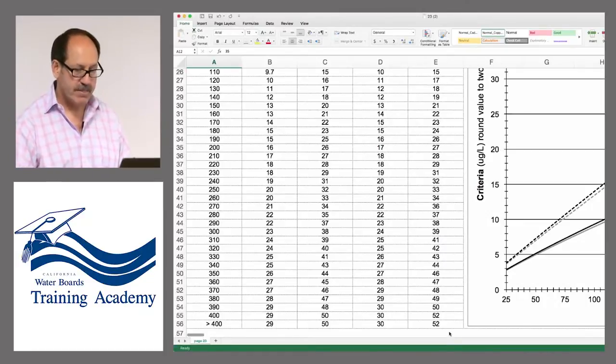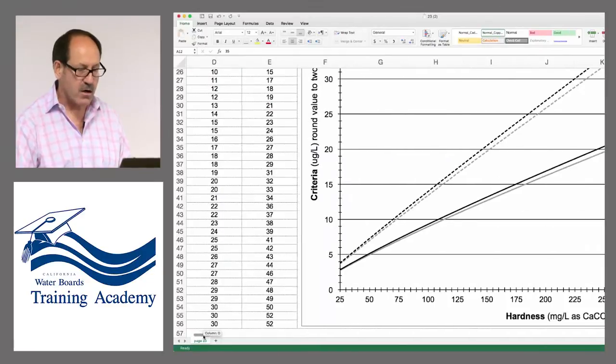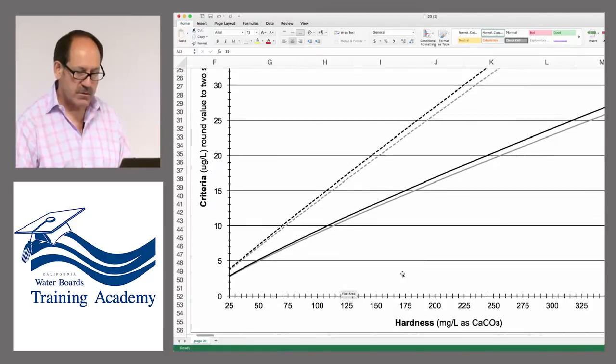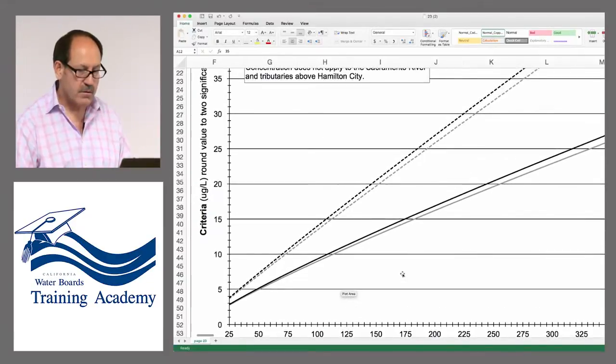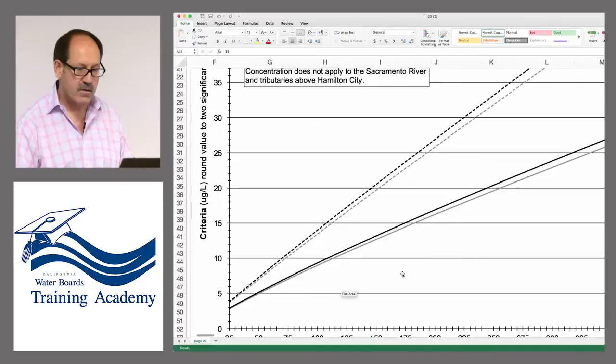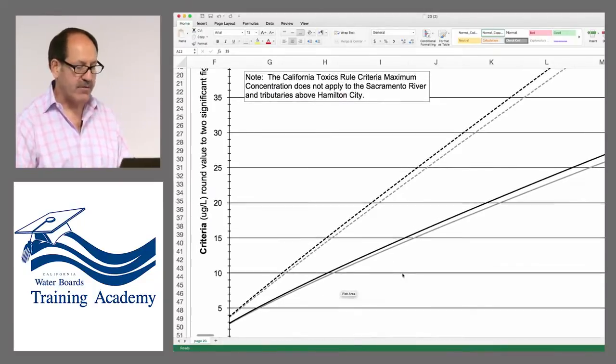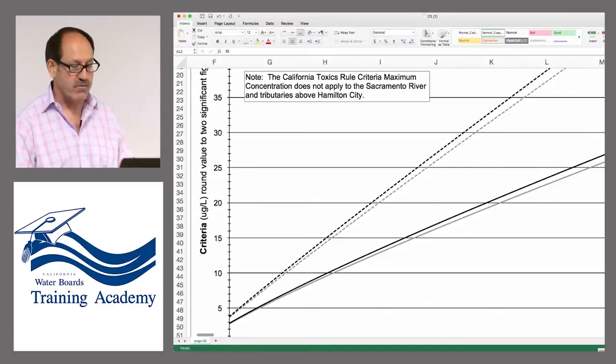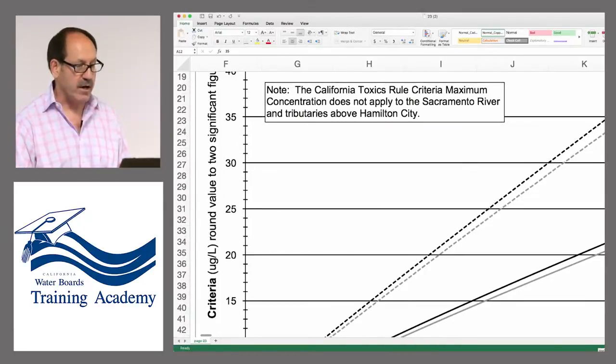Okay. So then all of these values are also graphed out for you. Let me run this. So you can see how they vary with hardness, both the dissolved and the total recoverable, and then for each, the acute and the chronic values.